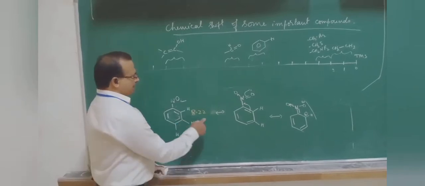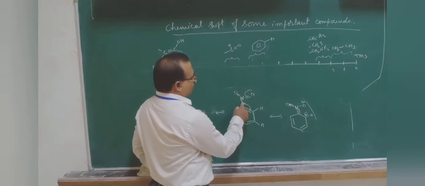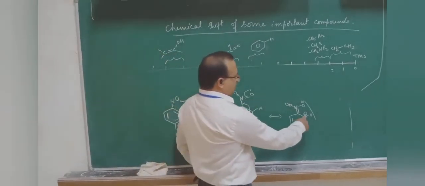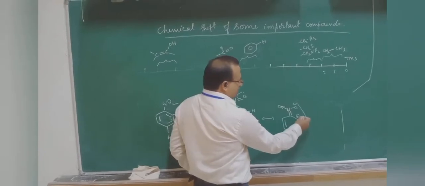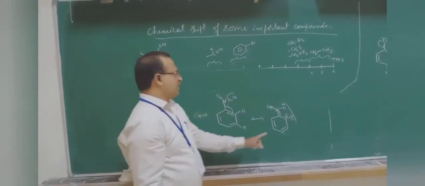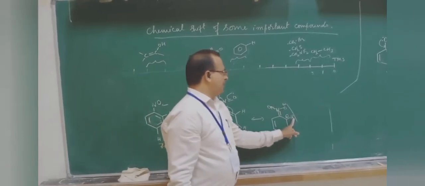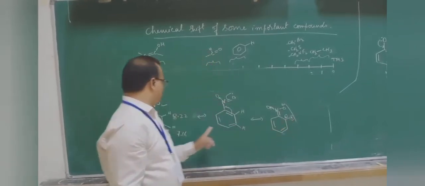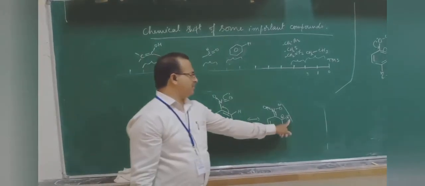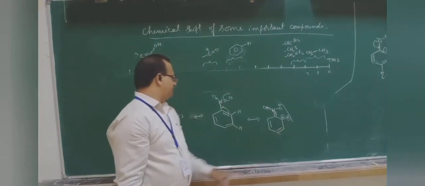This is explained by the electron withdrawing nature of the nitro group. It decreases the electron density at the ortho position. As a result, the electron density on this proton is less, so this proton is less shielded, or downfield. Chemical shift value is more here.